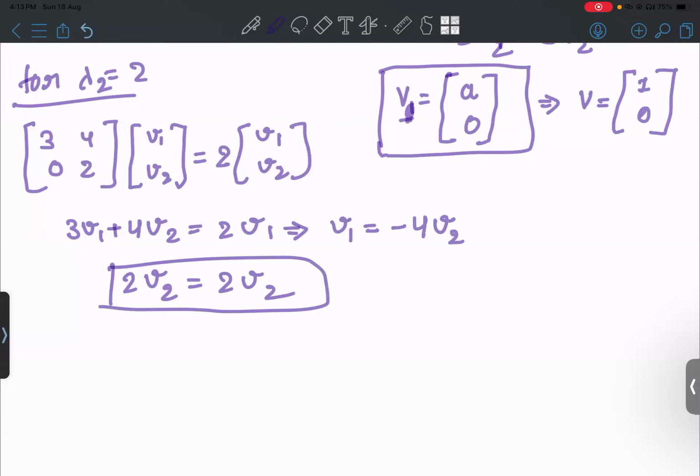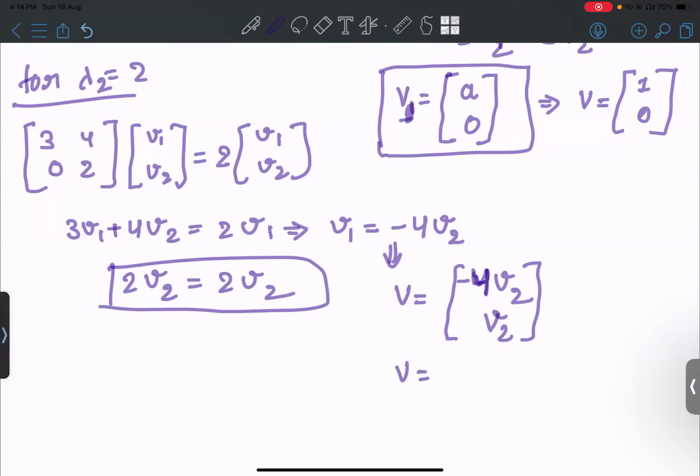So I can write the corresponding vector v equal to v1, which is minus 4 v2, and this will be my v2. Any linear combination of this will be an eigenvector. So I can write v equal to minus 4, 1.